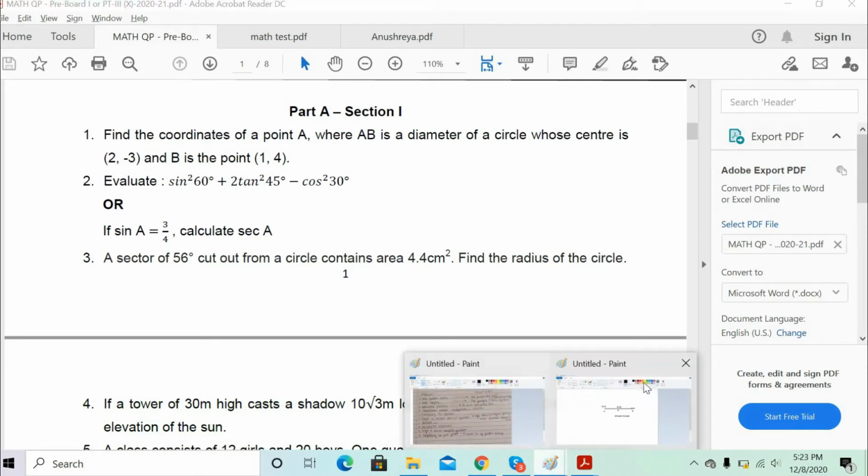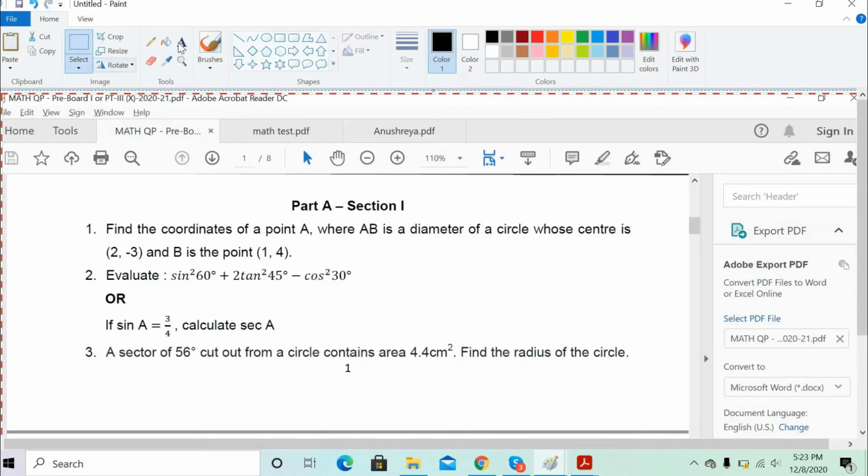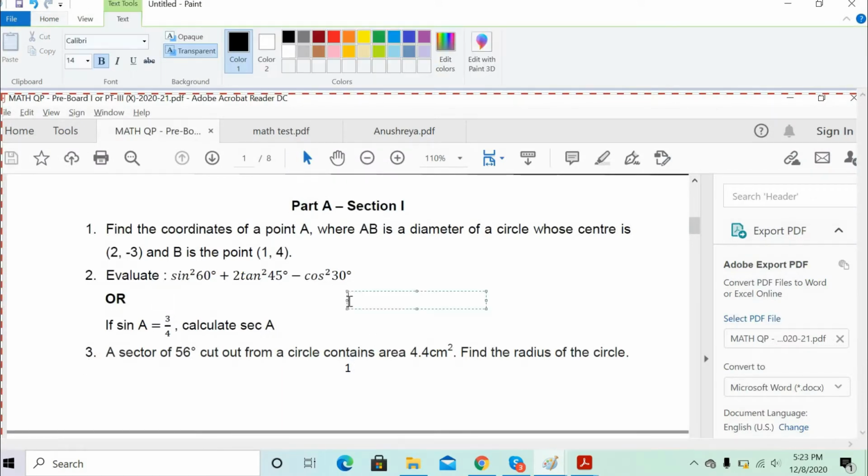Now let me just copy this data and tell you what exactly I mean. So if I copy the data, let's say sine 60 plus tan 45 minus cos 30.